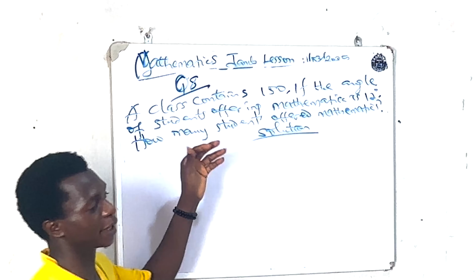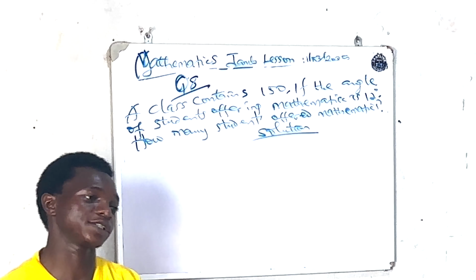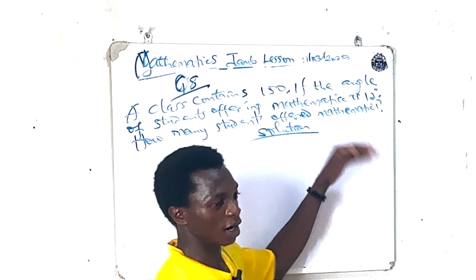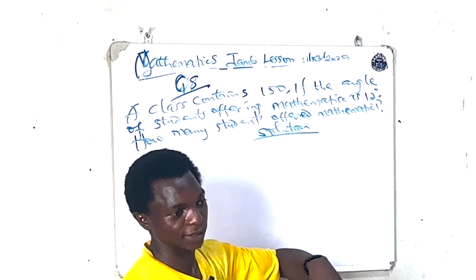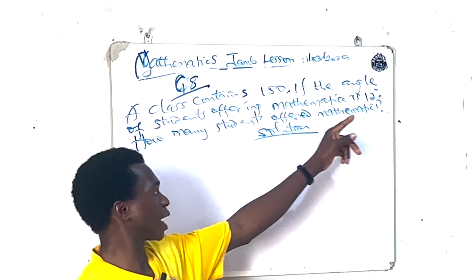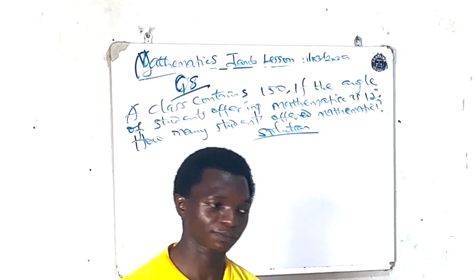So how do you find the number of students that offer mathematics in the class? How many students offer mathematics if the class contains 150 students and the angle of students offering mathematics is 12 degrees?